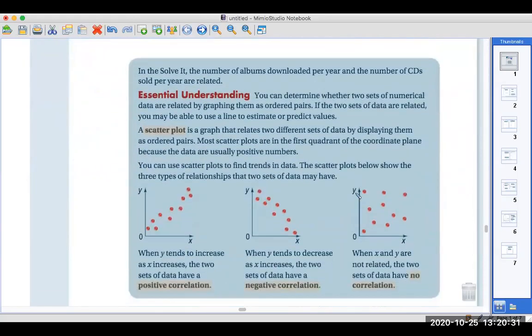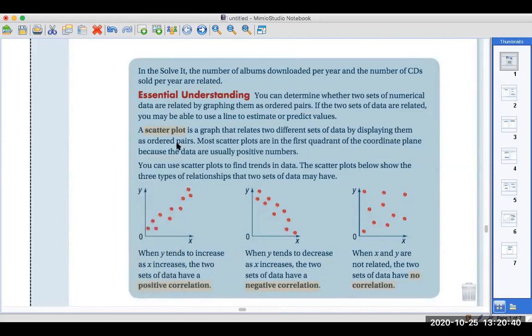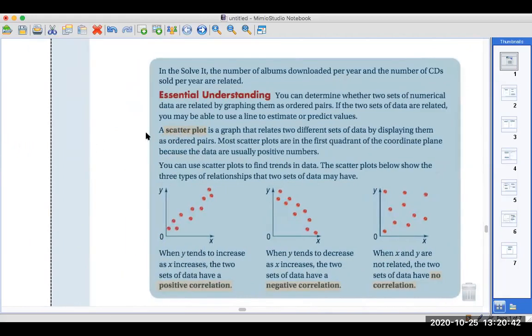Coming down to the bottom of the page, if we read this part right here, a scatter plot is a graph that relates two different sets of data.